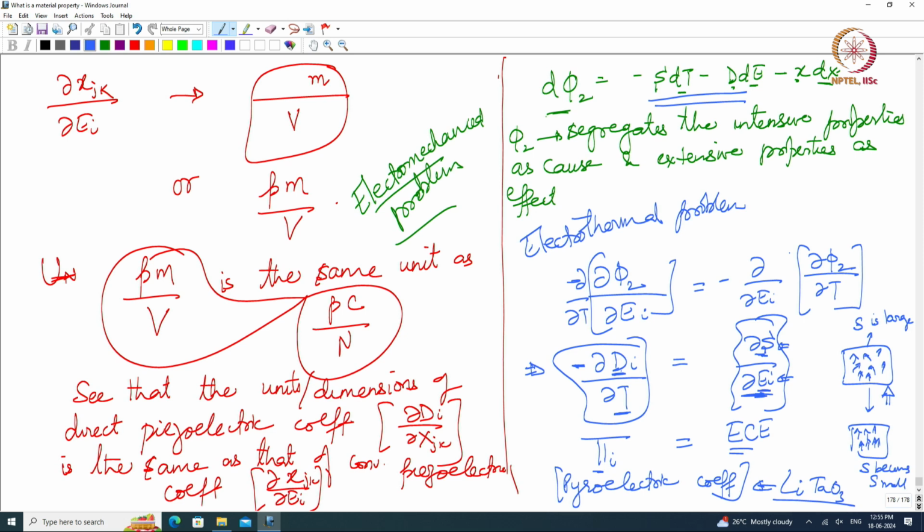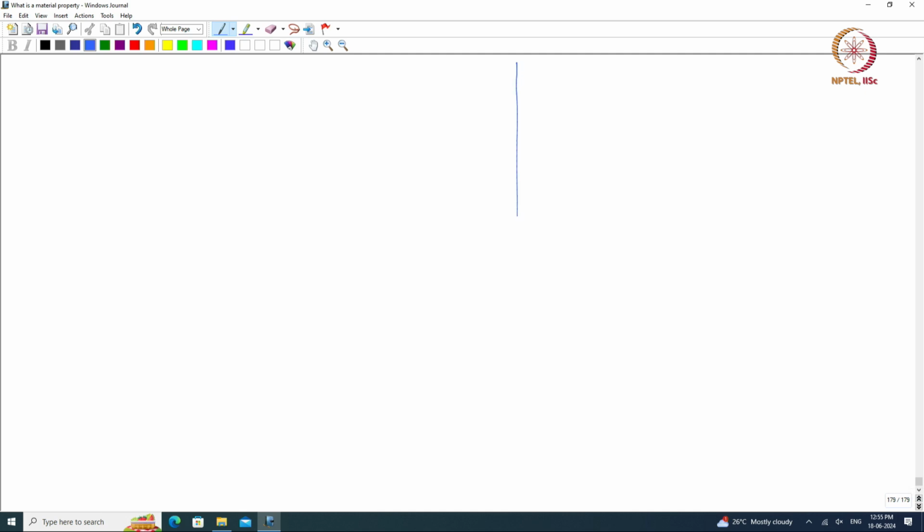So, by applying an electric field I am either generating entropy or reducing entropy in the system, right. In other words, putting in entropy or removing entropy is equivalent to putting in heat or removing heat.